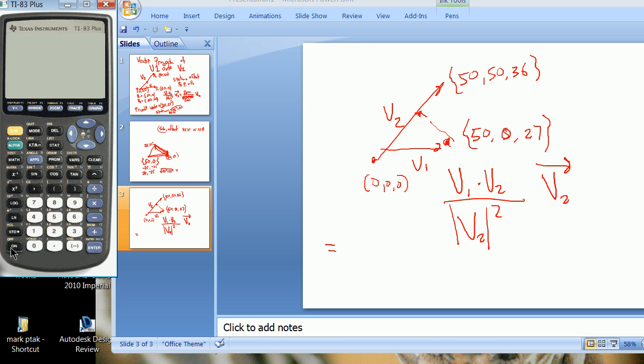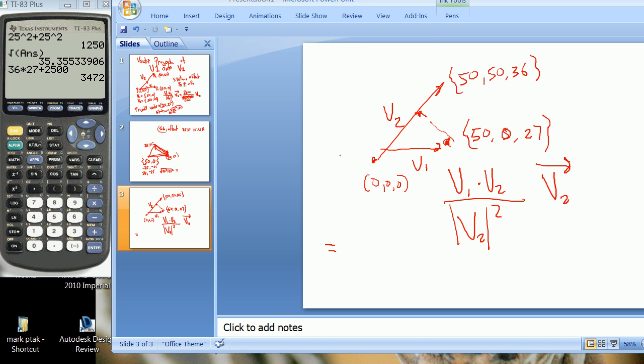So 36 times 27, plus 2500. That is 3472, divided by the magnitude of V2 squared, which in this case is 50 squared plus 50 squared plus 36 squared.